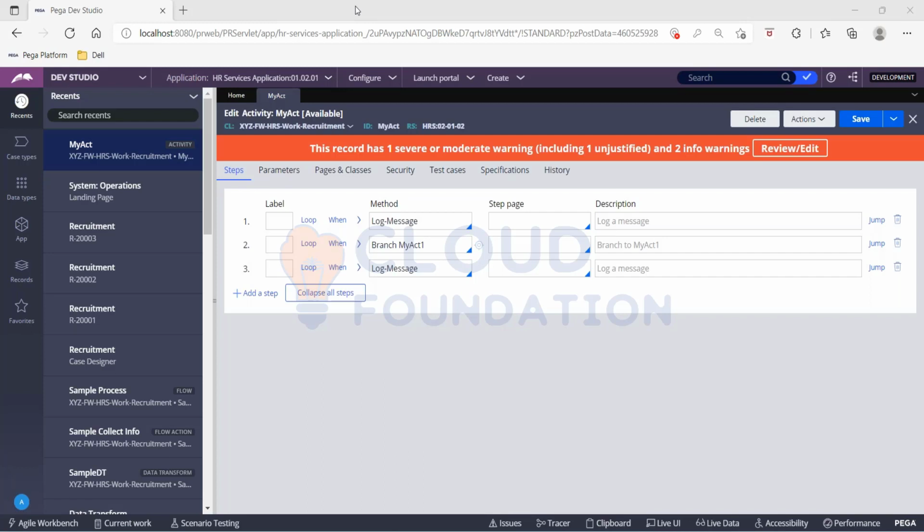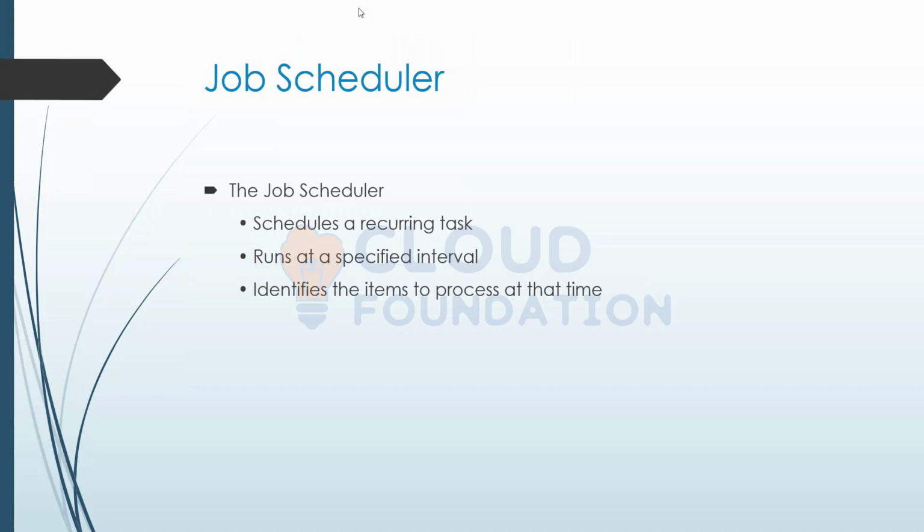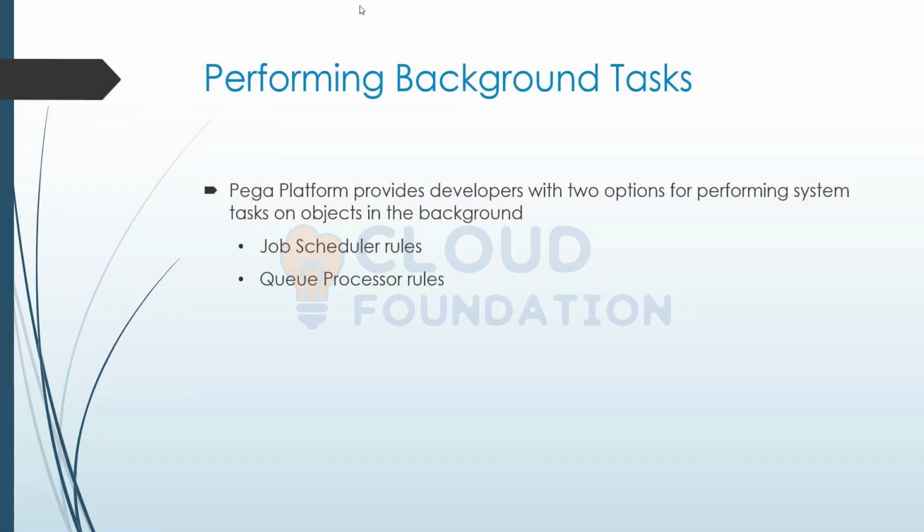Now, who drives this activity? We have two new options for dealing with these background tasks. Two new rule forms. Starting from 8, we have job schedulers and queue processors. These are being used instead of your agents.